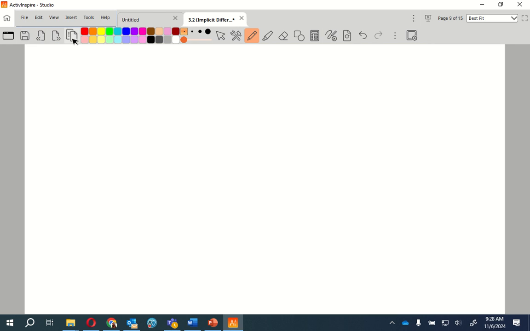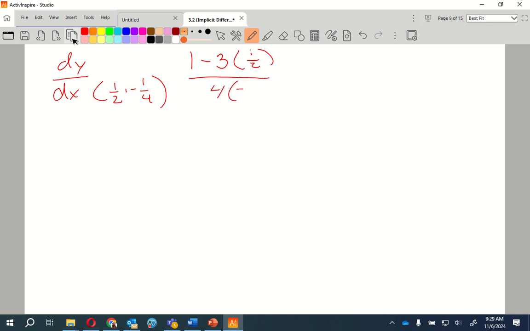No. So I have, and that was 1 minus 3x over 4y, like that. So I'm evaluating. This is the notation that we had used, kind of like how you'd say f of 1/2, or another way of doing it. This is kind of the Leibniz notation for that.